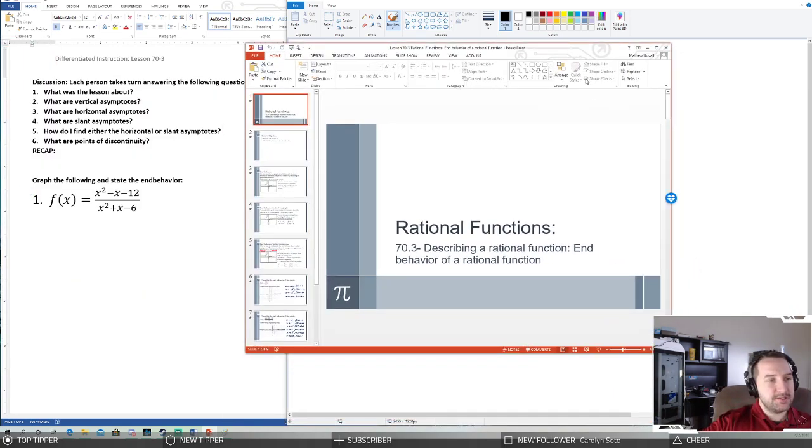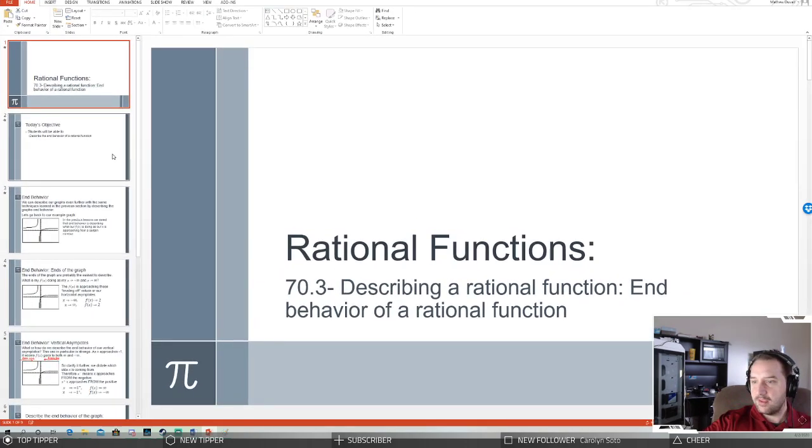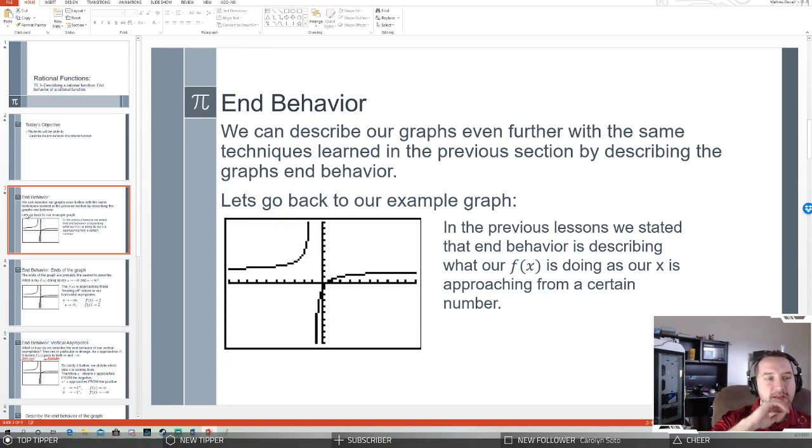But here, we're going to recap 7-3. So in 7-3, we introduced the end behavior for a rational function. Basically, the end behavior is what my graph is doing as it goes to infinity in all directions.